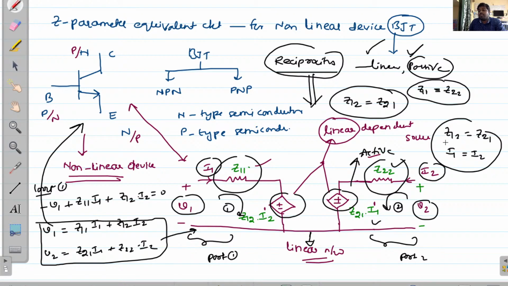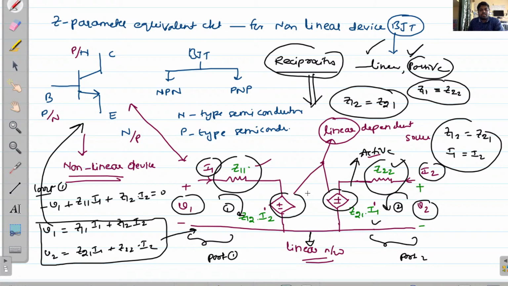Only when Z12 equals Z21, Z11 equals Z22, and I1 equals I2 does it follow the symmetry condition. So this is about the Z parameter equivalent circuit for the nonlinear device BJT.